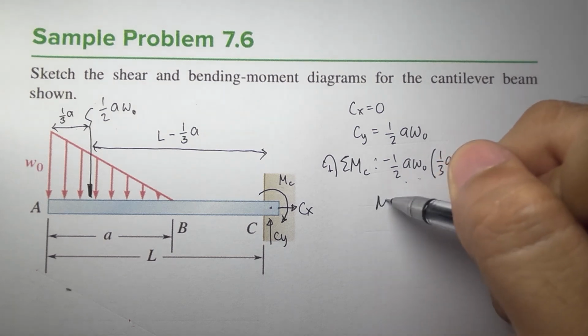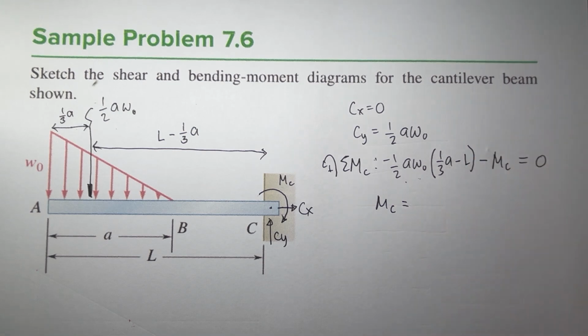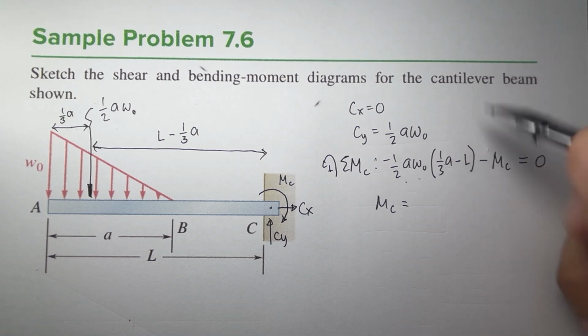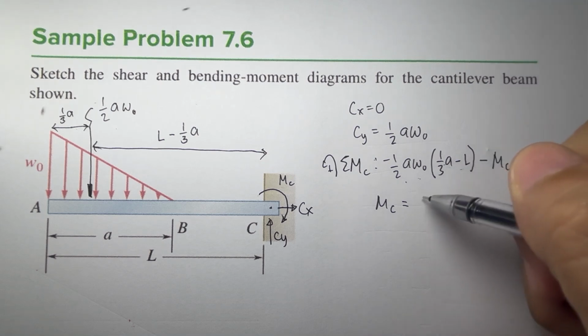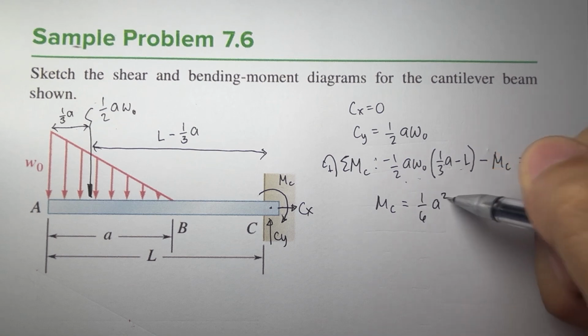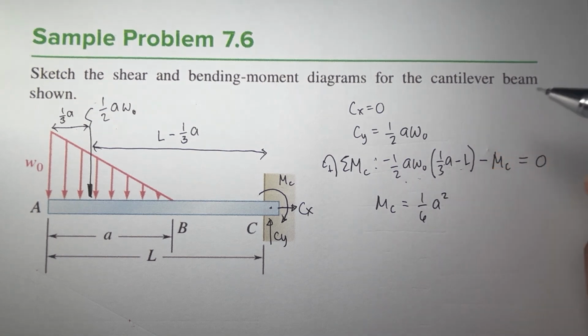Therefore MC here is equal to, if we transpose this, interchange the symbol, 1/2 times 1/3, we have 1/6 A squared. Let's simplify this.